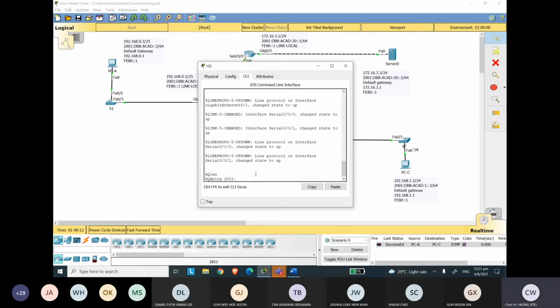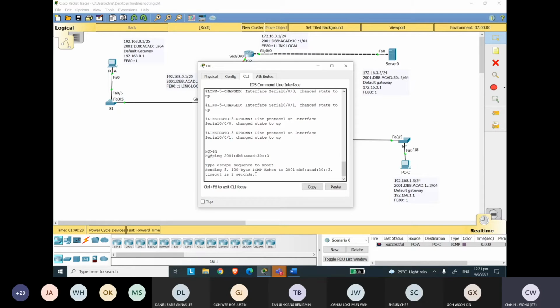Ping 2001:db8 colon 3. So you can see, even though there's a static routing there, nothing appears. So there's something wrong.